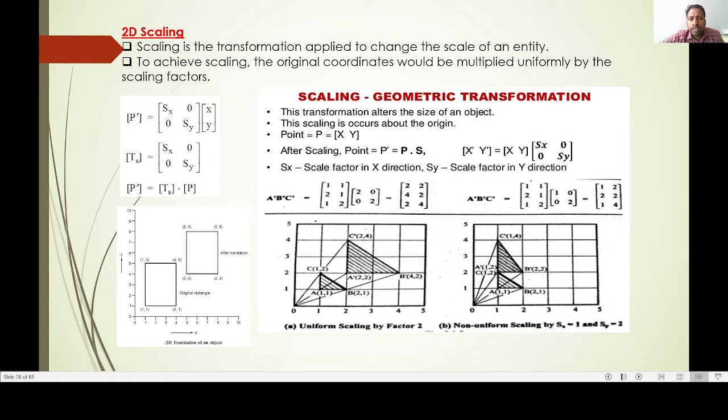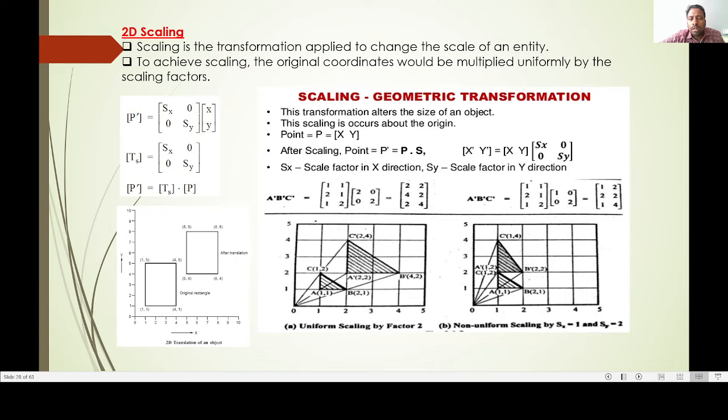After scaling, the point P dash is denoted by P into S, where S is the scaling factor. Then P dash is a combination of points x dash and y dash, that is equal to x, y into the matrix Sx 0 0 Sy. Sx means scaling factor in the x direction, Sy is the scaling factor in the y direction.